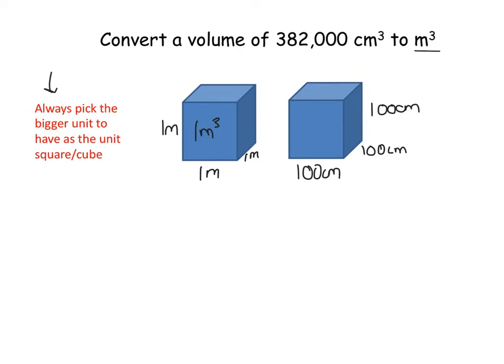So it's not just, again, a lot of people think, oh, to get from metres cubed to centimetres cubed, you just times by 100, because that's what you do for length. It's not, you're timesing by 100 cubed, which is 1 times 1 times 1, and then I've got 1, 2, 3, 4, 5, 6 zeros.